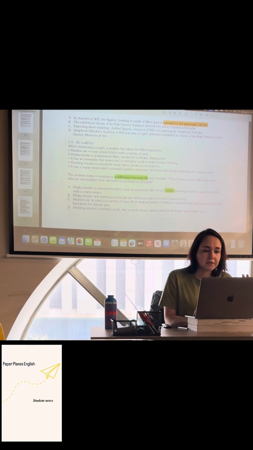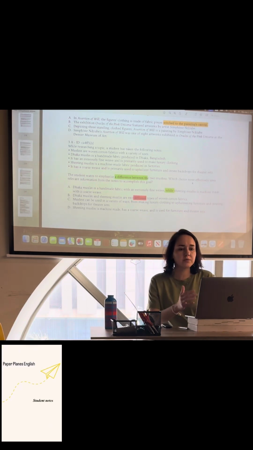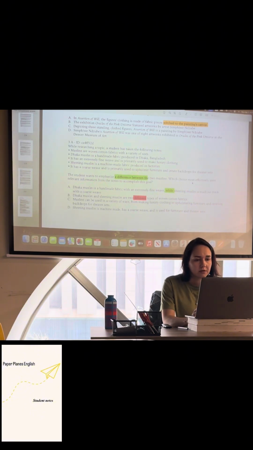One of the words that they always use for showing difference is that they put the exact word "different" in the option. It's just what it said. What was the question? It said a difference between the two muslins. But option B said that this muslin and that muslin are two different types. Okay, already we know they are different.